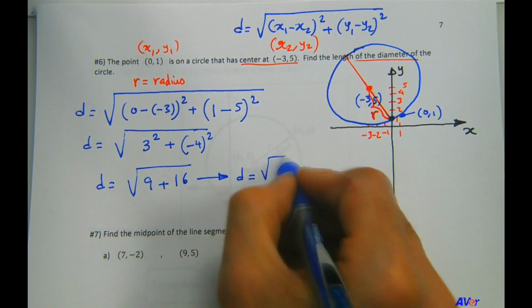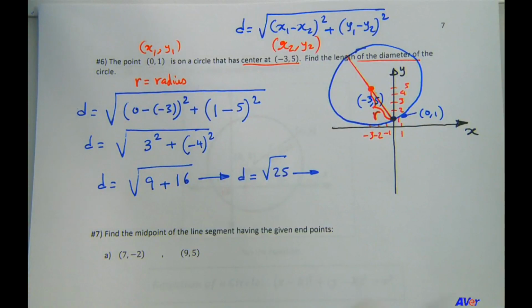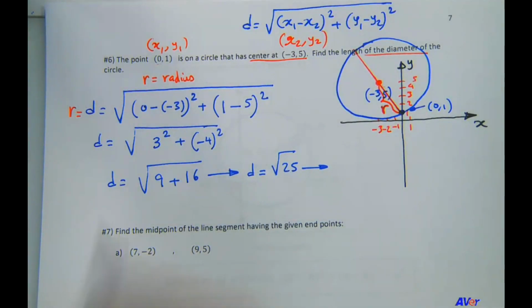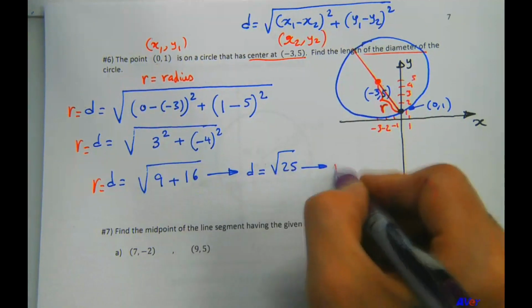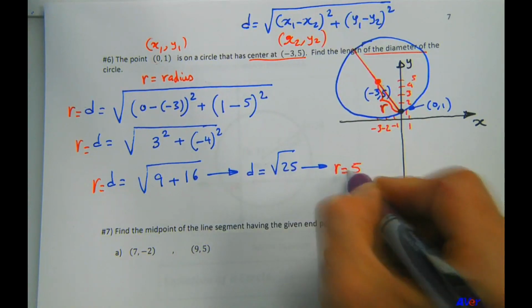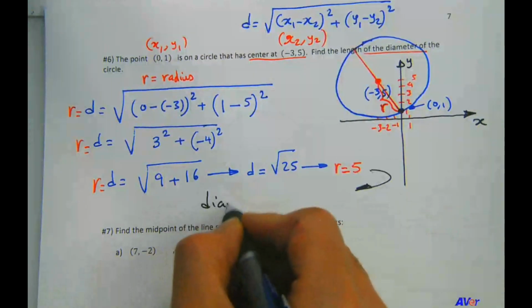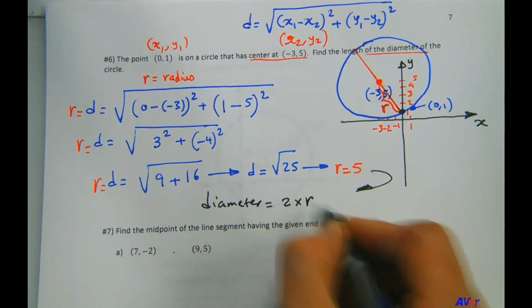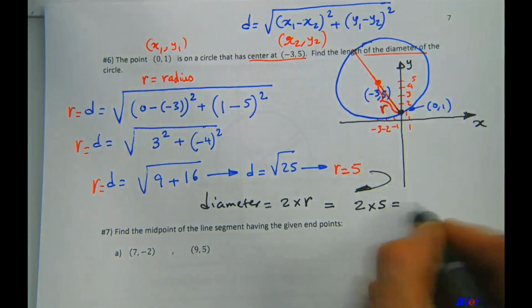D is equal to square root of 25, or I should say D is really R in this case, right? So radius equals D. So that radius is equal to 5. If radius is equal to 5, then the diameter is equal to 2 times R, so it is equal to 2 times 5, or 10.